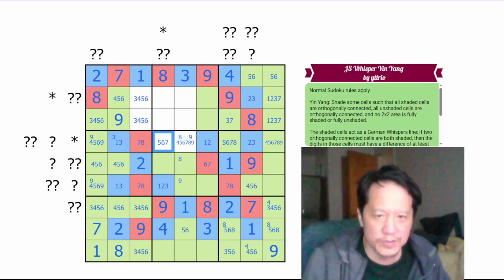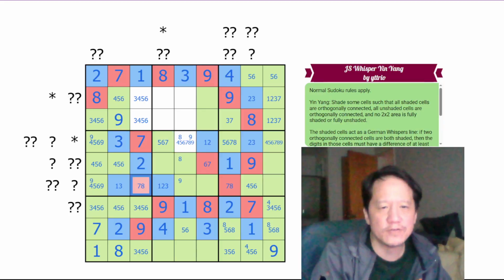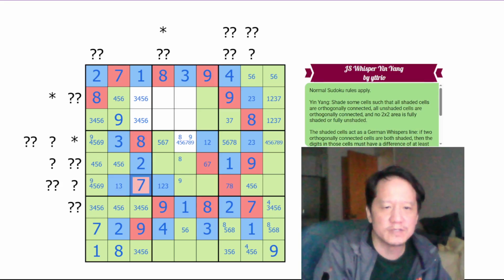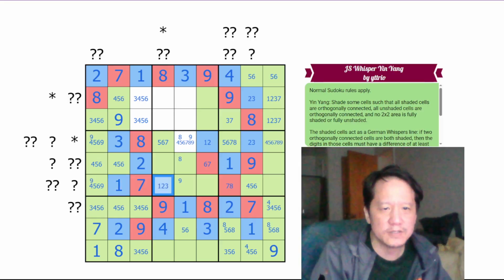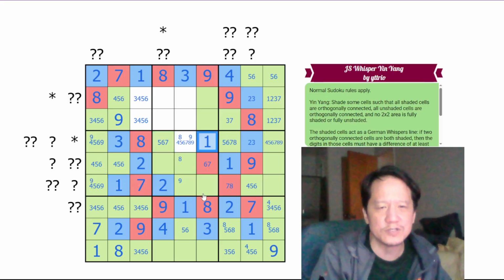So therefore, this is not in the set. So this must be then 3 and 8. Cannot be 7 and 1 because that adds up to a 1-digit number. Therefore, sorry, not 3 and 7, 3 and 8, which makes this 7 and that 1. This can't be 1. Can't be 3 because it's next to a 7, so this is 2, which forces this to be 1.